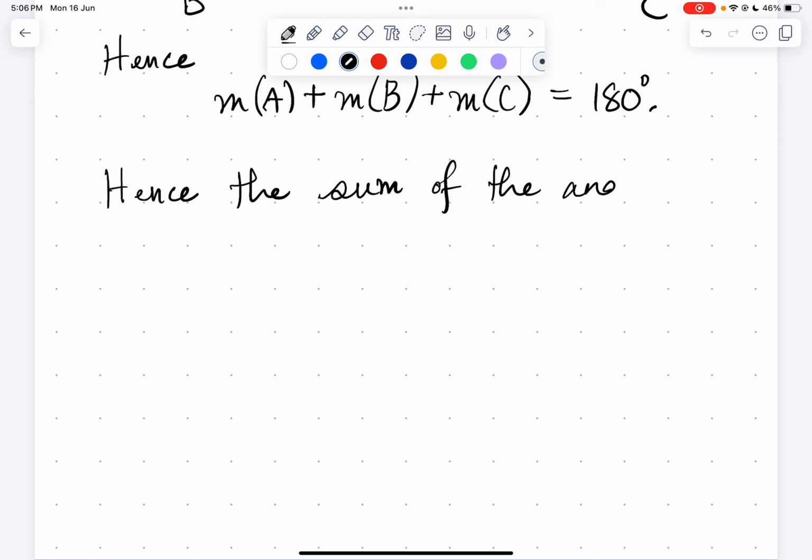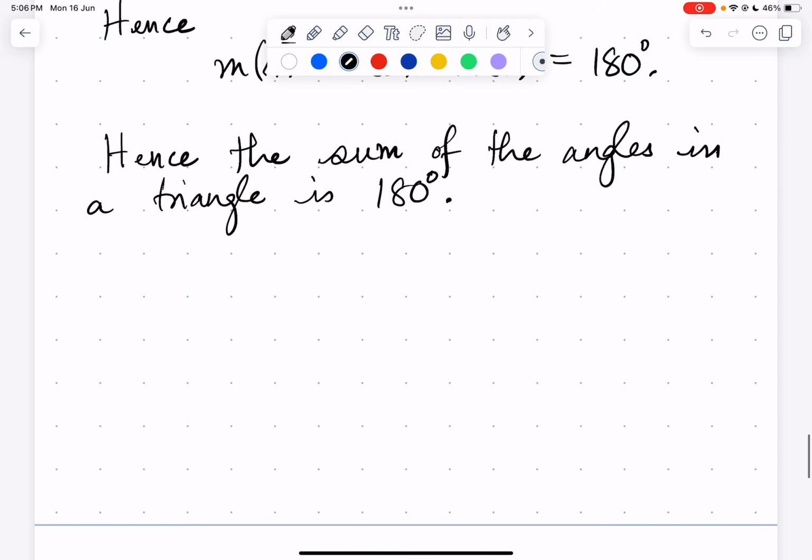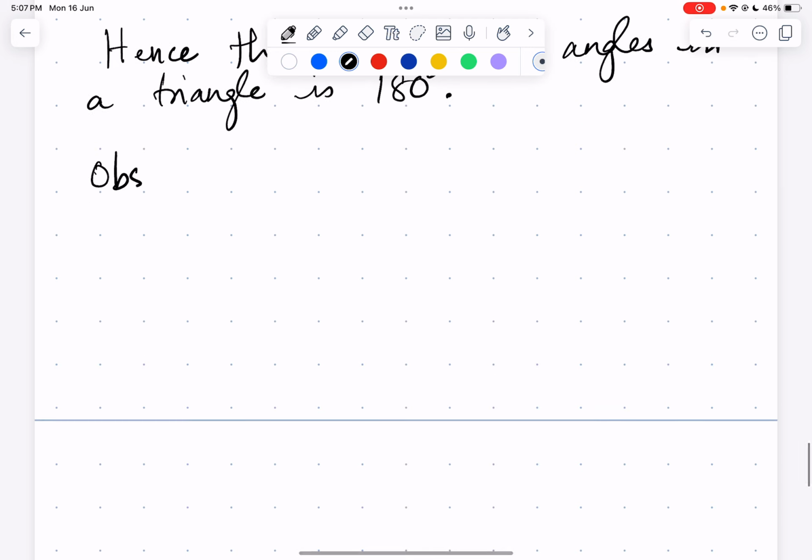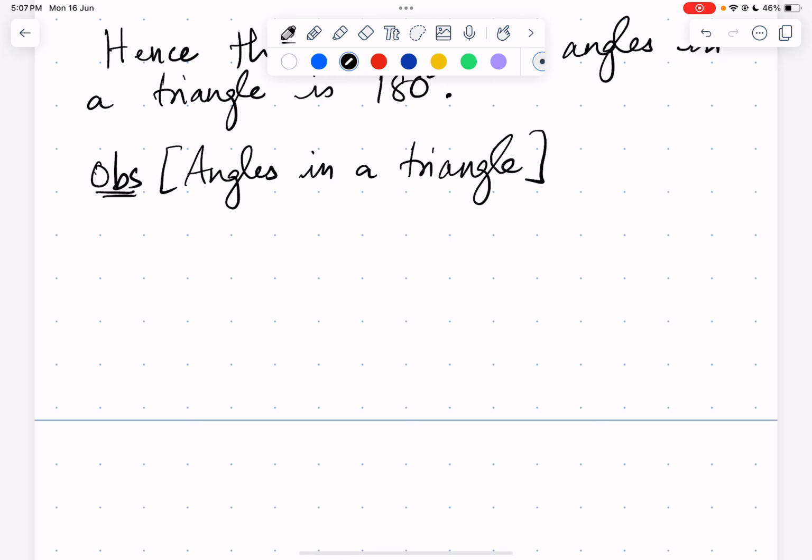Hence the sum of the angles in a triangle is 180 degrees. So we'll write this as an observation. Angles in a triangle.